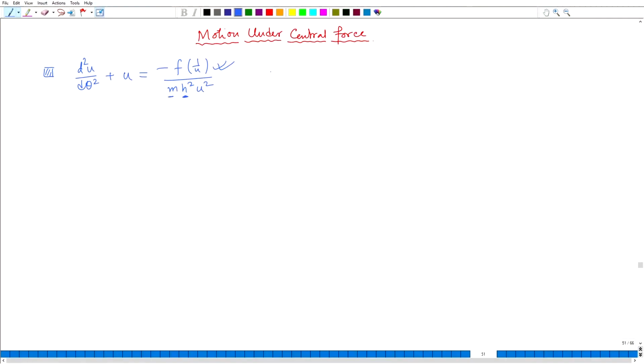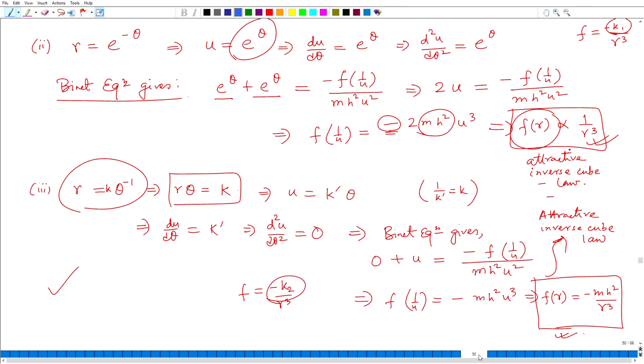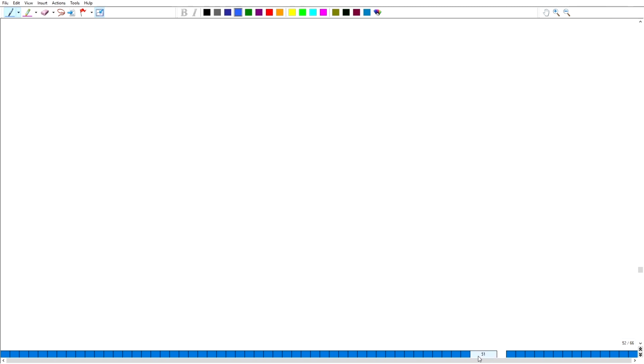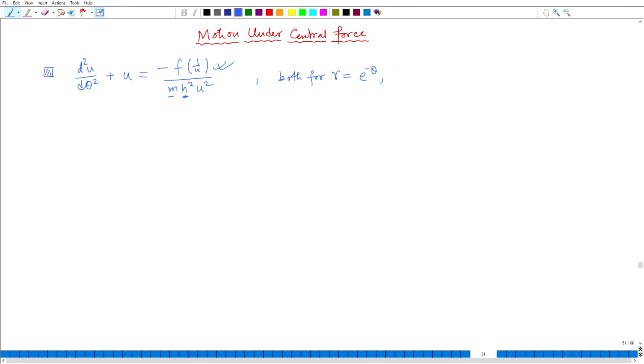Today I will again tell you that for the trajectory r equal to some e to the power minus theta, and r theta equal to some constant, we had f of r proportional to 1 over r cube and attractive.